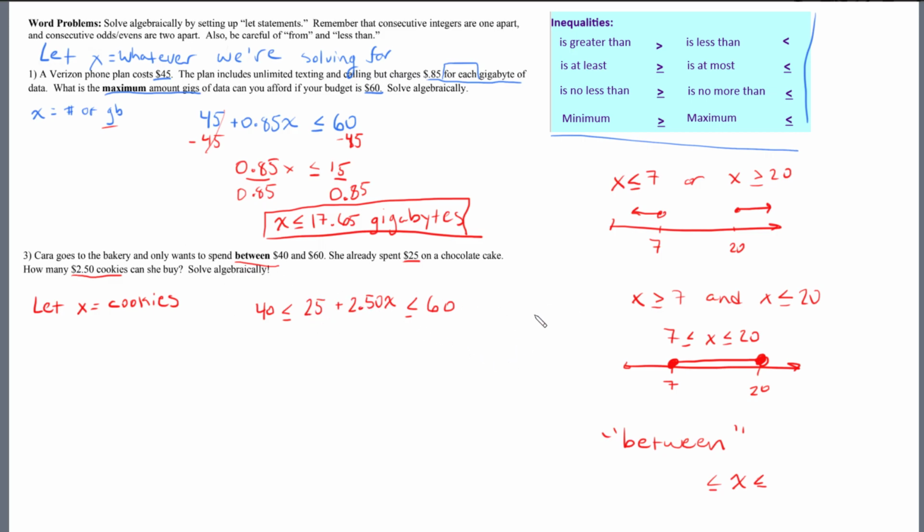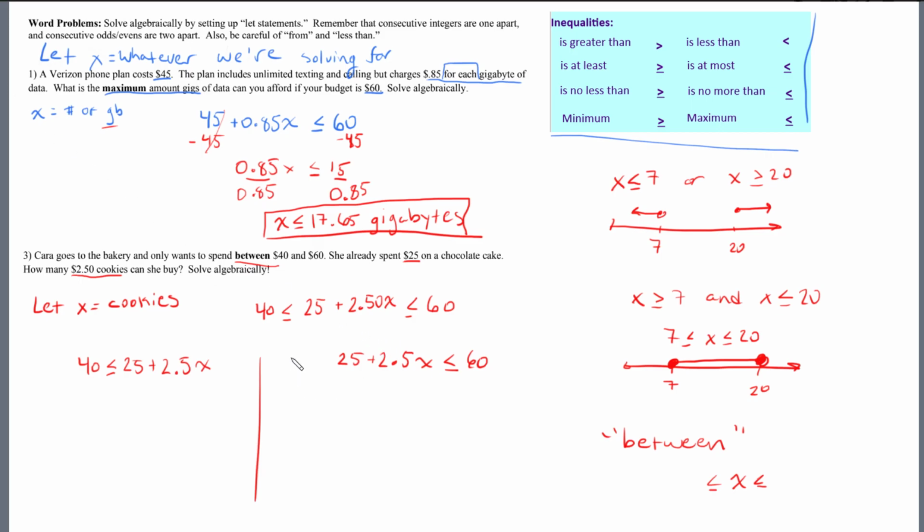Now, when we have something like this, an and statement, we're going to split it up into two statements. So I'm going to have my 40 over here, and I'm just going to write 2.5x. I hope that's okay. And I'll put my other side over here. Now, the nice thing is, the steps to solve them are the exact same.